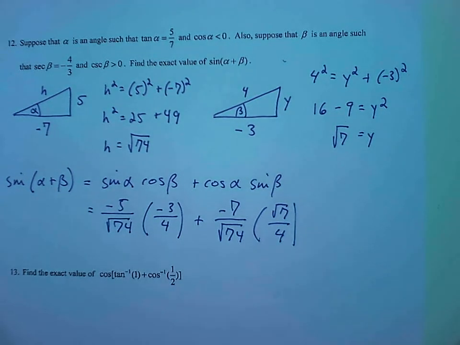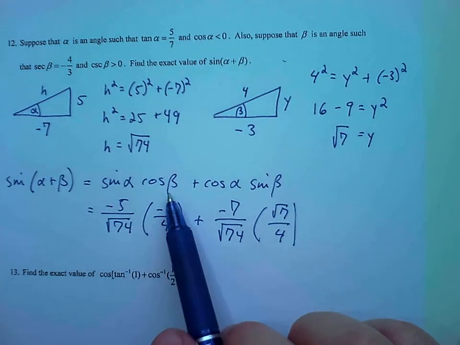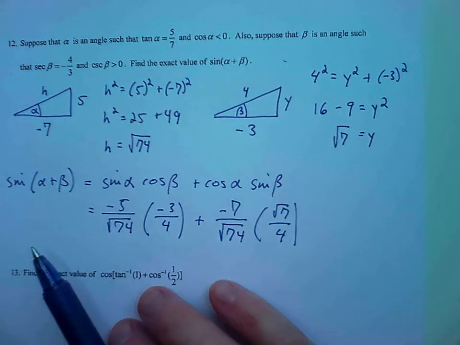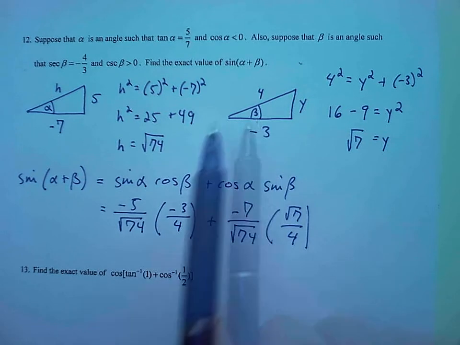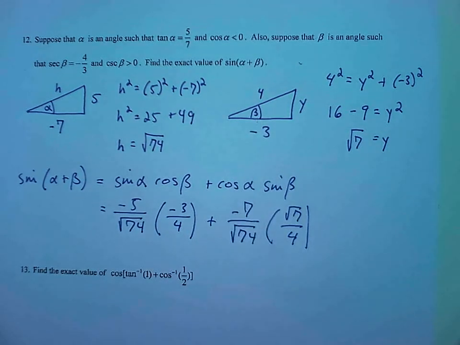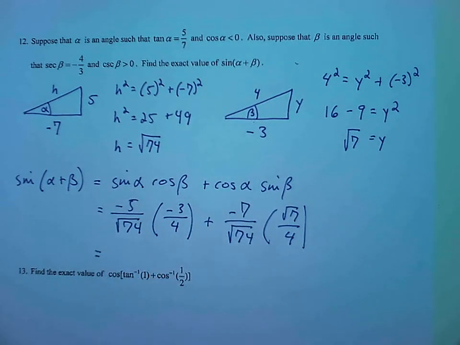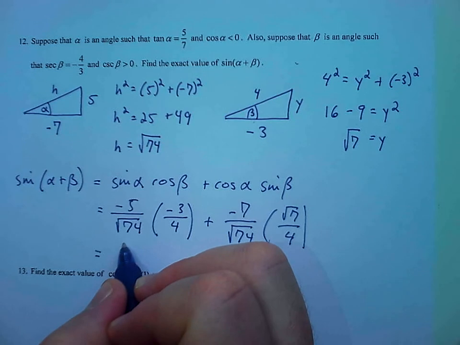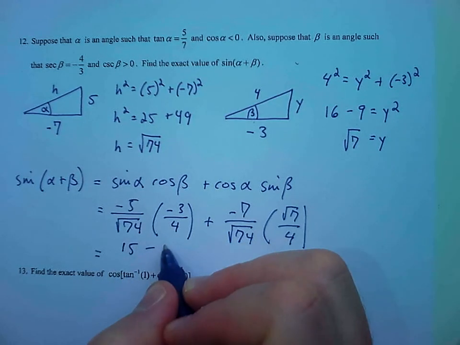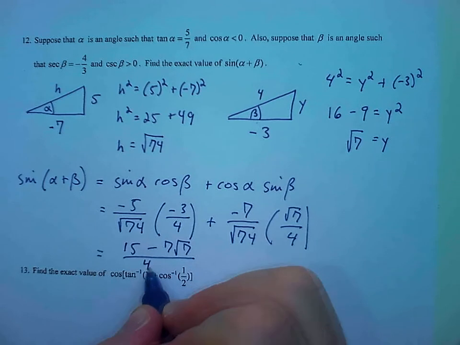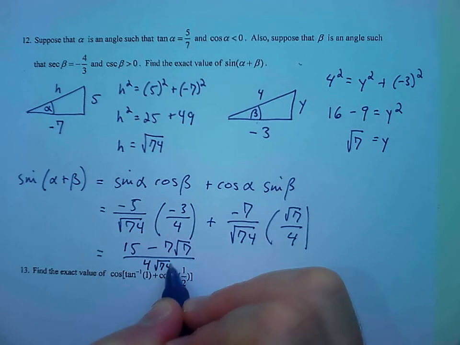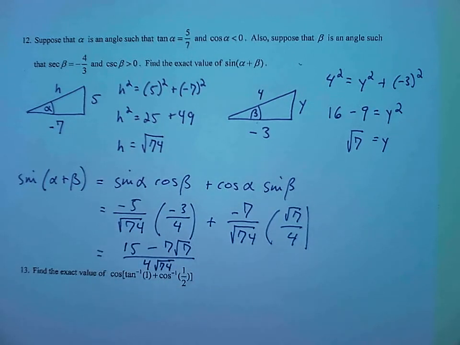And again, I'm just using the concept of sine and cosine using these angles up here. If we do some arithmetic with this stuff, we're going to get that this comes out to 15 minus 7 square roots of 7 divided by a common denominator of 4 square roots of 74. All right.